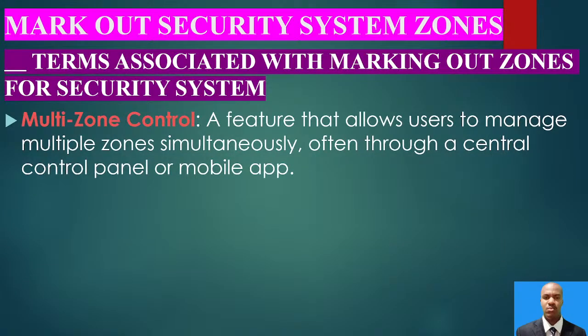Then we have the other term, multiple zone control, and this is a feature that allows the user to manage multiple zones simultaneously, often through a central control panel or by use of a mobile app.